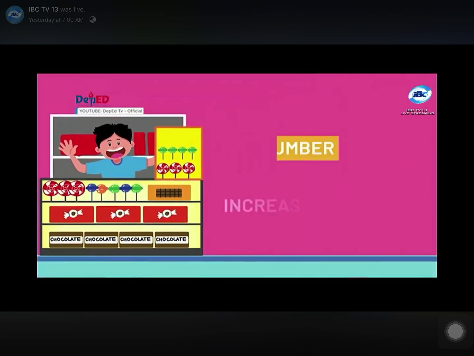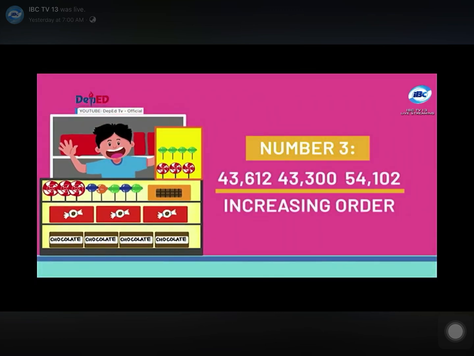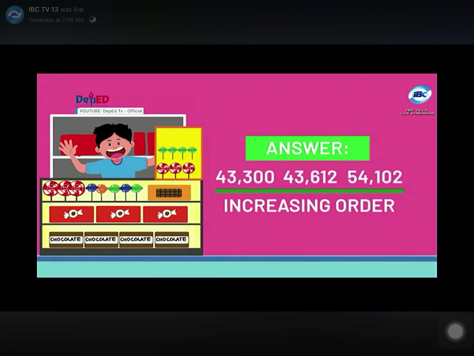Number 3: 43,612, 43,300, 54,102. The answer is 43,300, 43,612, 54,102.